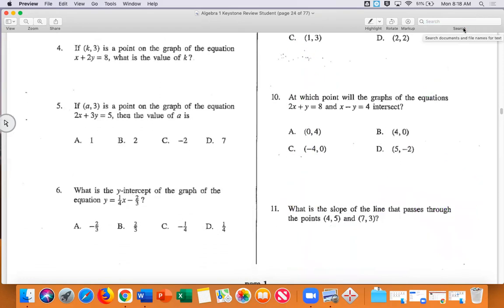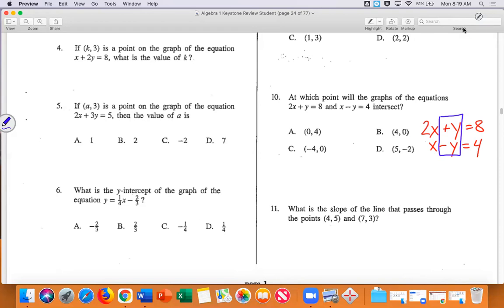Okay. So up here, first thing I would do, all right, ready, Delaney? I have 2x plus y equals 8. And I have x minus y equals 4. Do you see that, Delaney? Do you see how the y's are opposites?